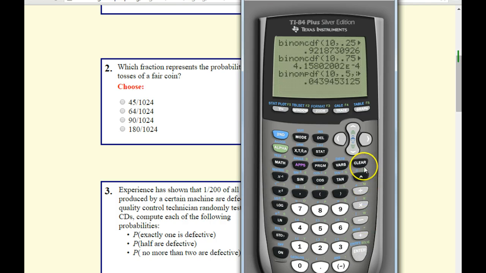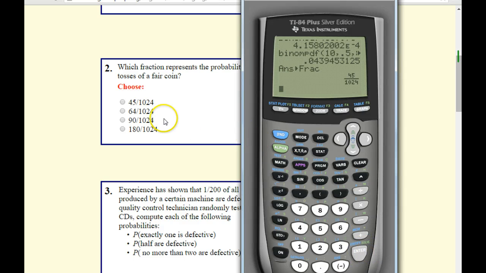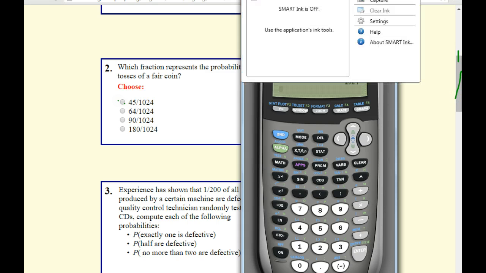Okay, we get a decimal. If we do a math enter, is it small enough that it'll change it back or not? So I got the first choice here, 45 out of 10, 24, yes? Okay. Which is right. I'm got trouble with my smart ink here. Wait a minute.